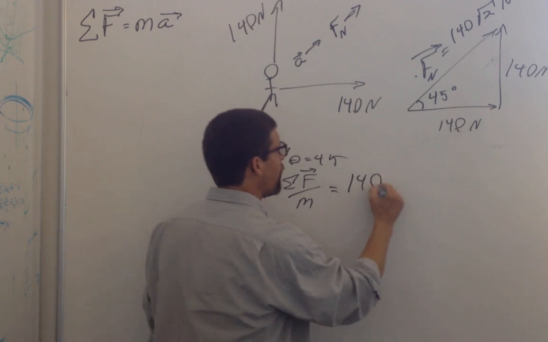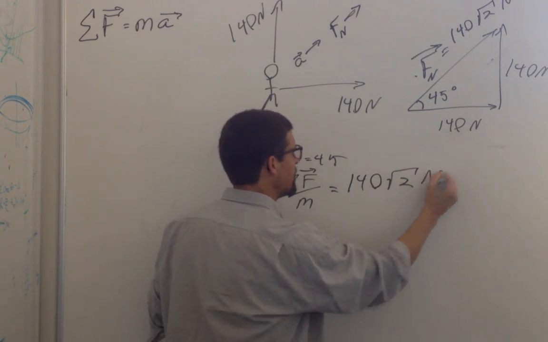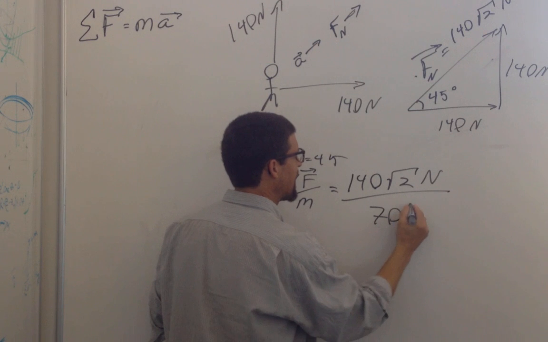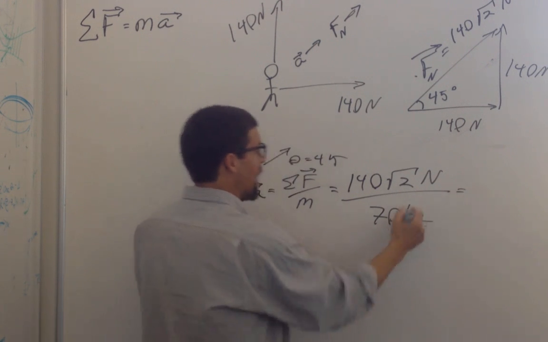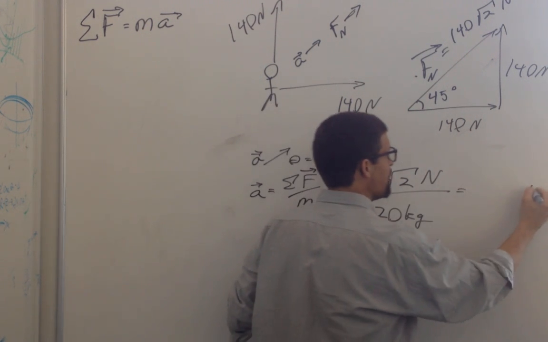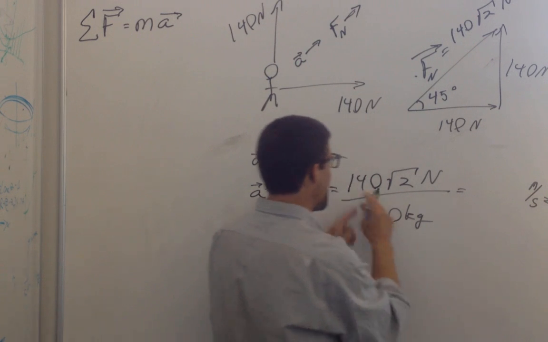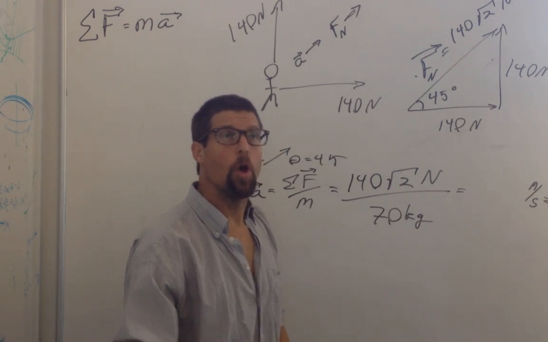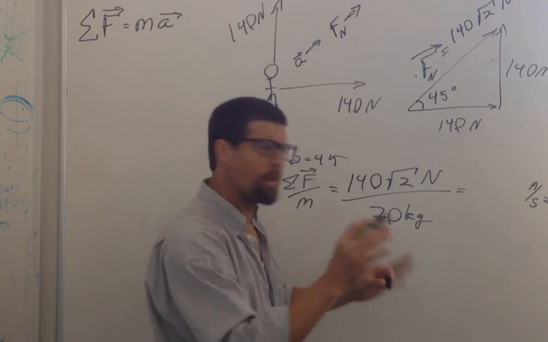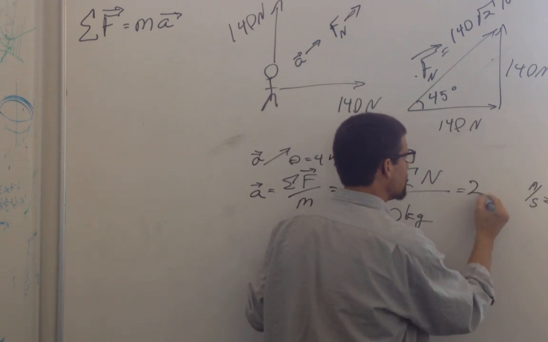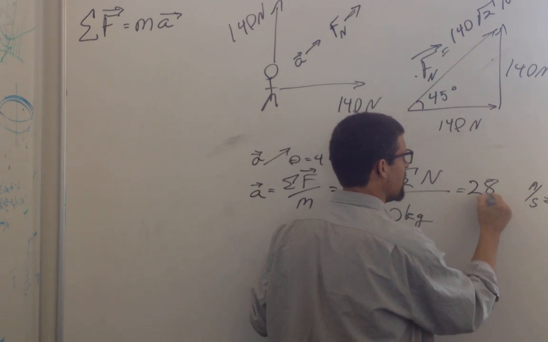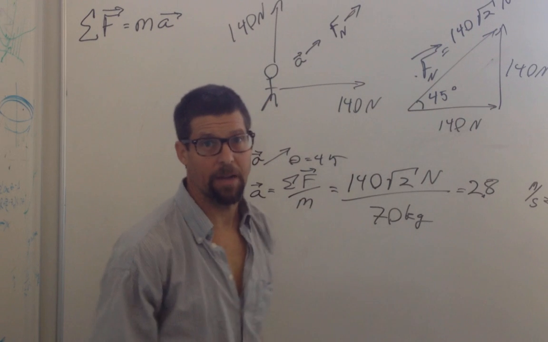And so we have 140 root 2 newtons divided by 70 kg. I cancel the units again, and I get meters per second squared. This gives me 2 root 2. Root 2 is about 1.41, times 2 is 2.8 meters per second squared in that direction.